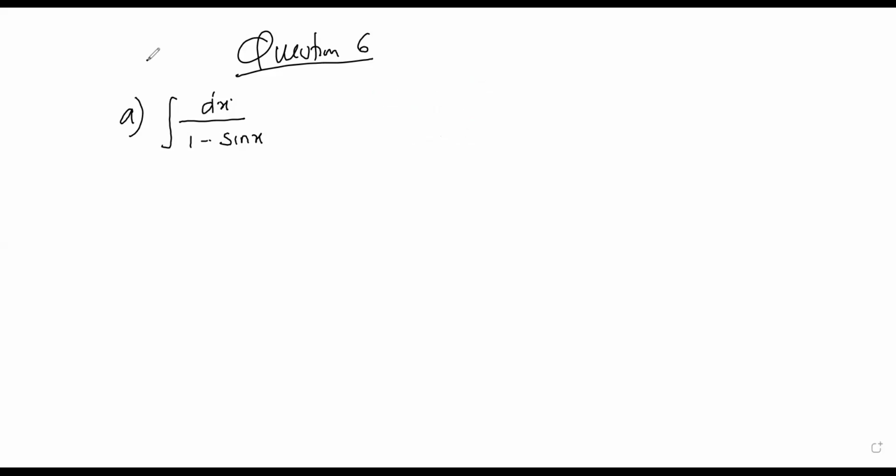We realize that what we need here is a z substitution, which is normally called the magic substitution, where you let z be equal to tan of x over 2.